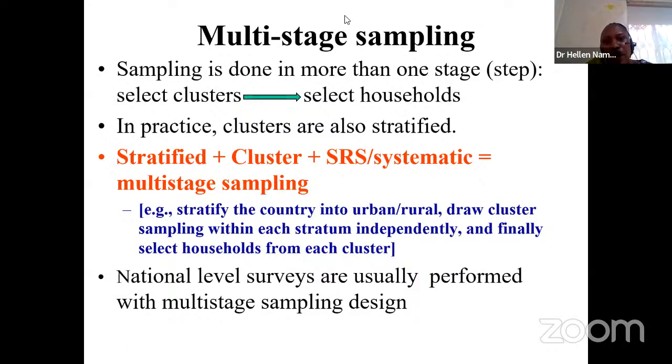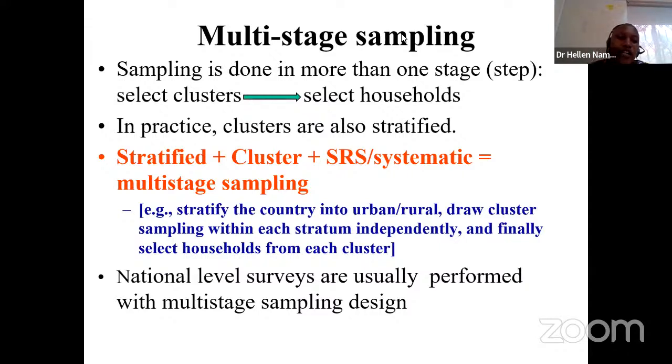And we can have all these clusters, like I mentioned earlier, multi-stage sampling. Multi-stage sampling involves more than one type of sampling. For example, like I mentioned, when you're looking at national level surveys, most of the time they perform multi-stage sampling, whereby you involve stratified sampling.